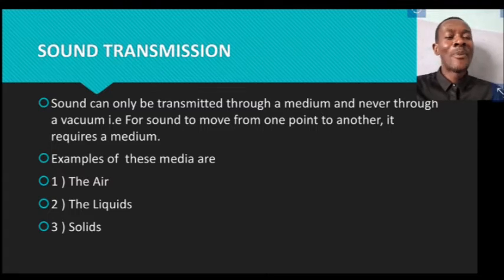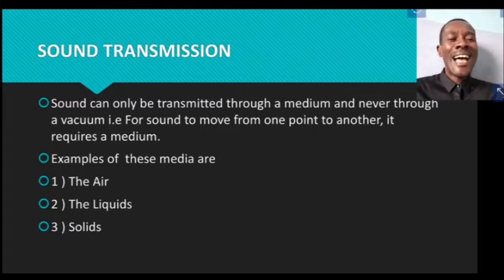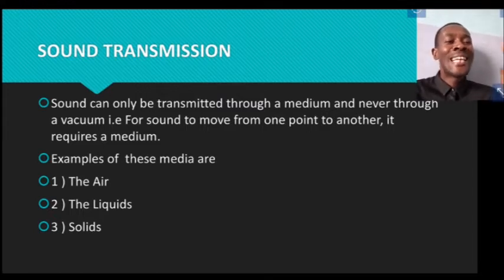Another practical example of what I've just told you is outer space, where astronauts go before they reach any planet. In that outer space, there is nothing like air. So if two astronauts are discussing up there, they need another form of communication gadget.